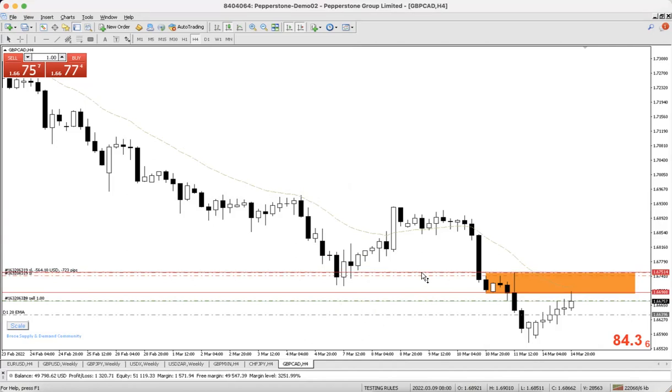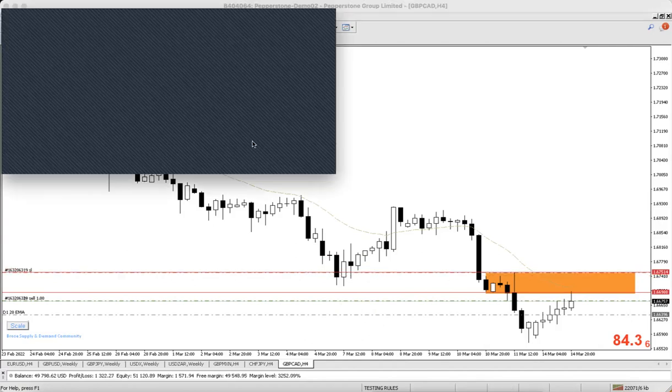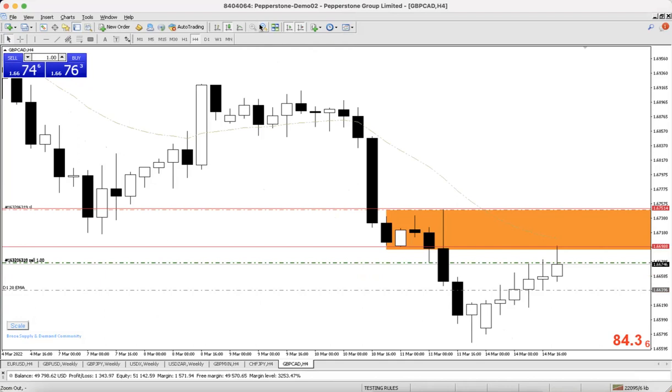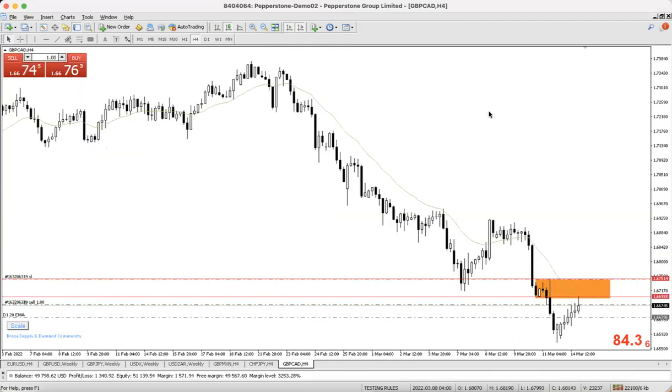All right. So pound CAD, it's on sell already. So we expect price to rally down. Let me screenshot this one. Okay, and screenshot this.